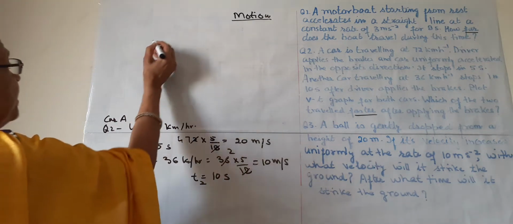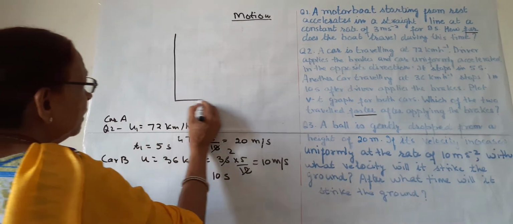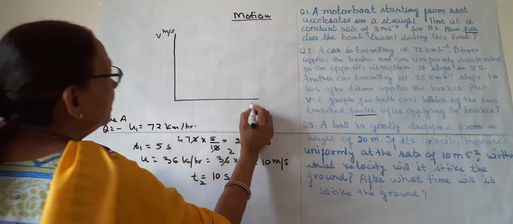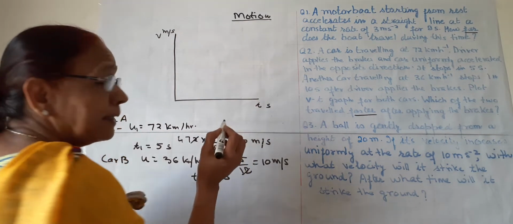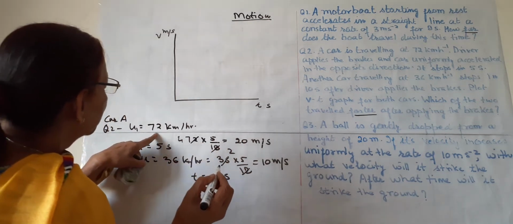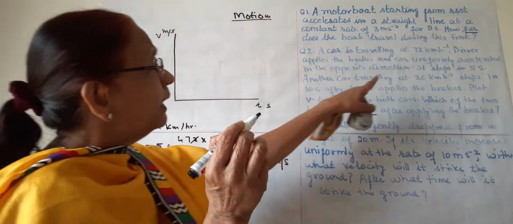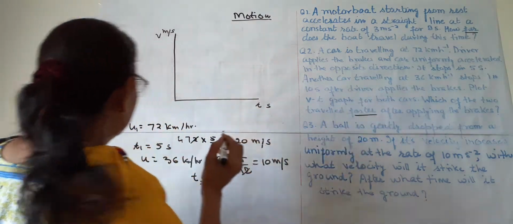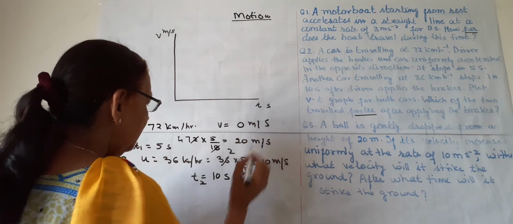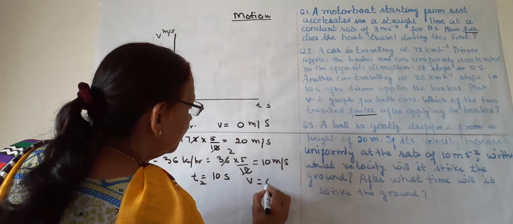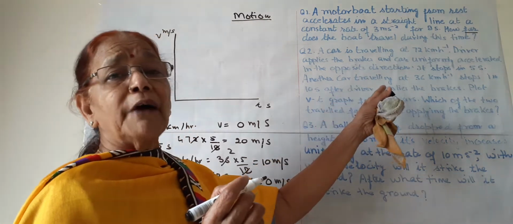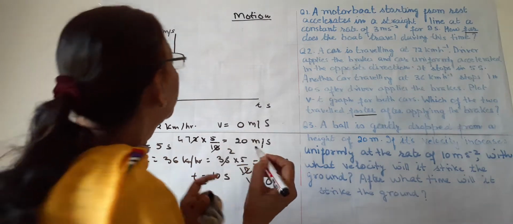All of you know how a v-t graph is plotted. On this axis, v is taken in meter per second. Here time is taken in seconds. So car A after brakes stops, which means we should write v is equal to 0 meter per second. Here also v is equal to 0 meter per second, as it stops after applying the brakes.